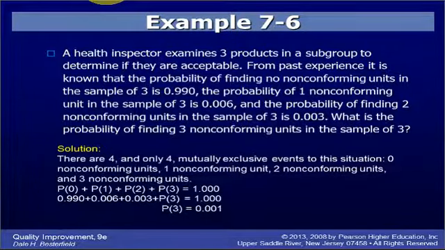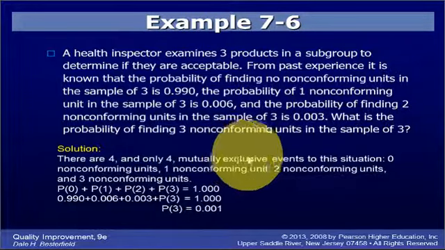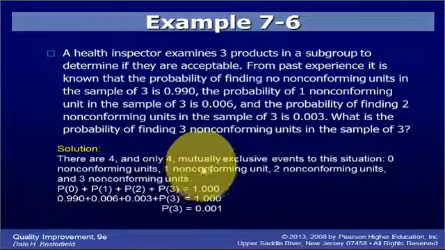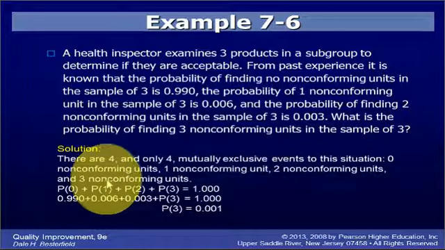Here's example 7.6 from our textbook. A health inspector examines 3 products in a subgroup to determine if they are acceptable. Out of these 3 products, there are only 4 mutually exclusive events. There could be 0 non-conforming units, or 1 non-conforming unit, or 2 non-conforming units, or 3 non-conforming units.